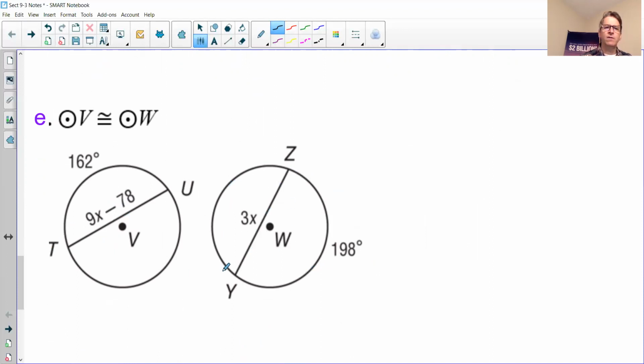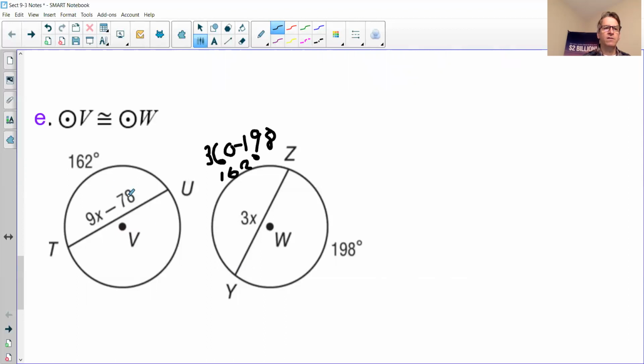This other side would be 360 minus the 198, and so that arc becomes 162, the same as the other one. Make sure you realize that because you're given this side of the circle, 198, if we subtract from 360, you get 162 on the other arc here.